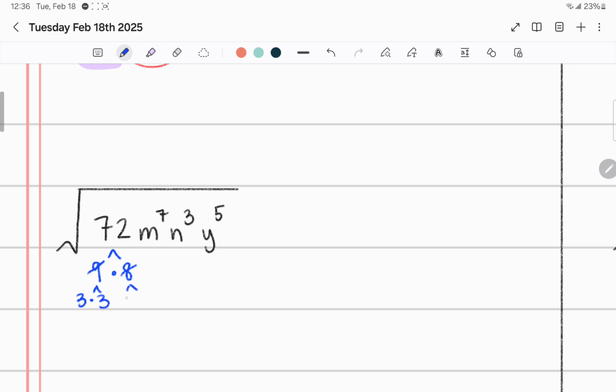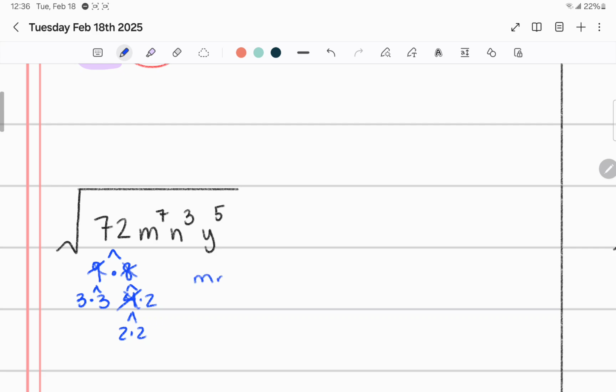Trade out the 8 for 4 times 2. And then trade out the 4 for 2 times 2. So again, I traded out the 9 for 3 times 3, the 8 for 4 times 2, and then the 4 for 2 times 2, and I'm crossing out everything that I broke down.